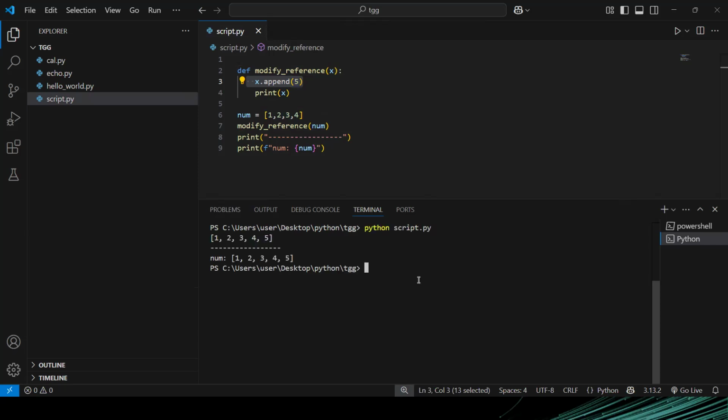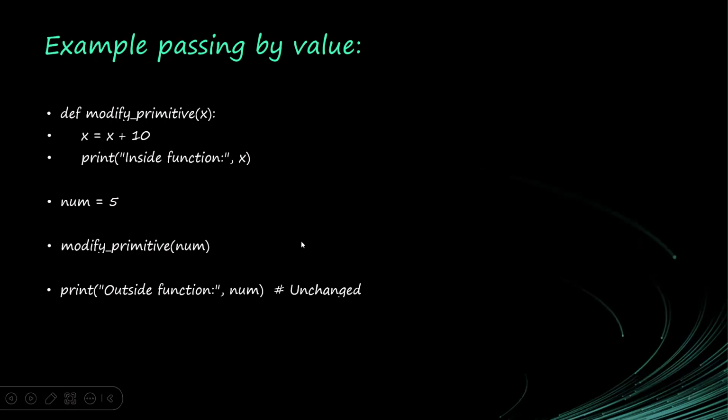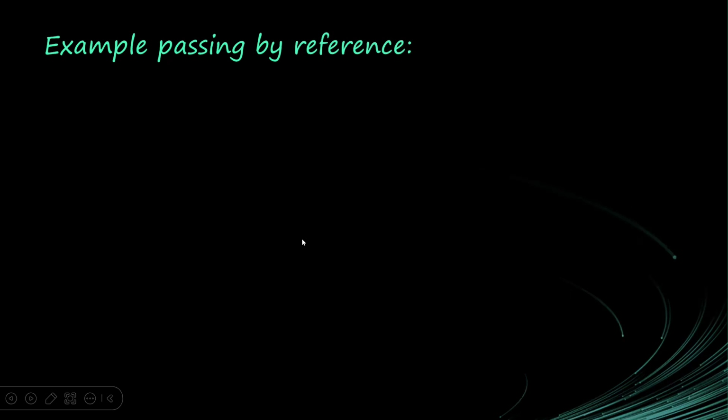So it affected it. You can see the original copy is this, and the one that we got inside the function is this. So when you pass reference types to functions, if you modify them inside a function, it will affect the original copy. So I hope you understand what was taught in this. And in case you have any confusion, please reach out to us.